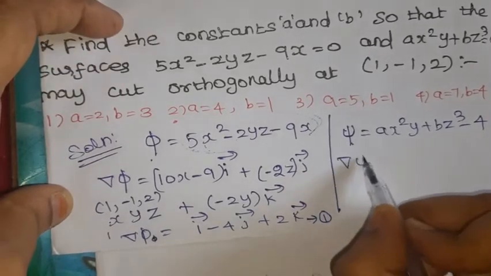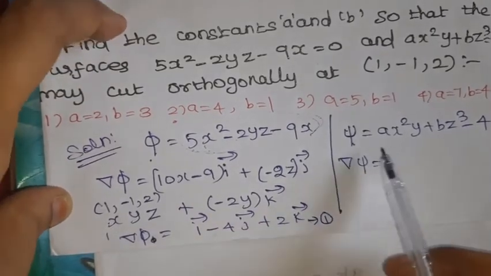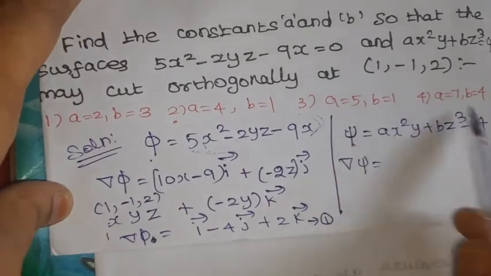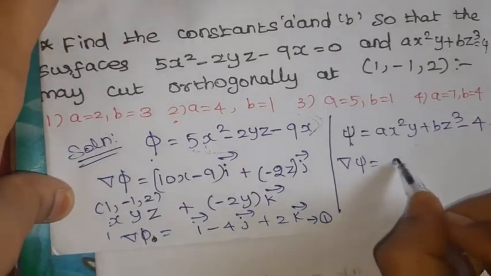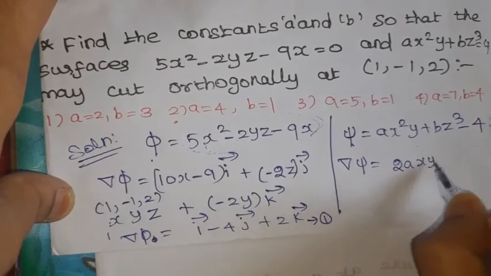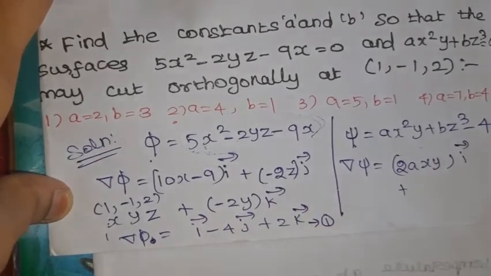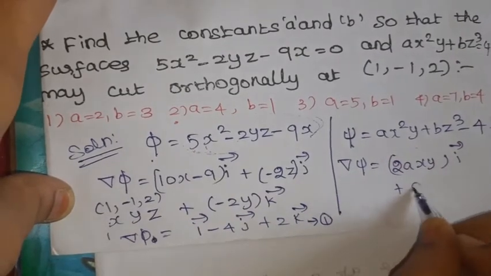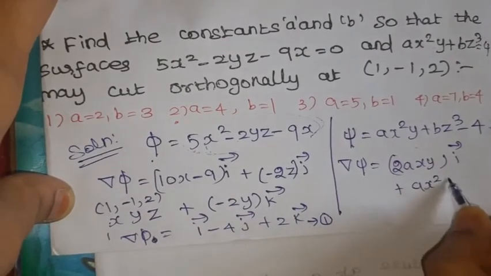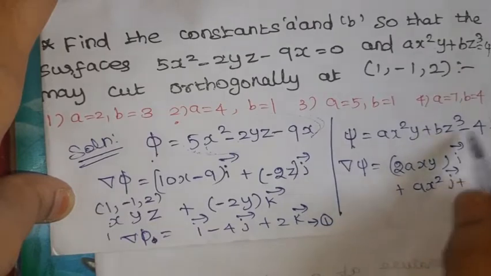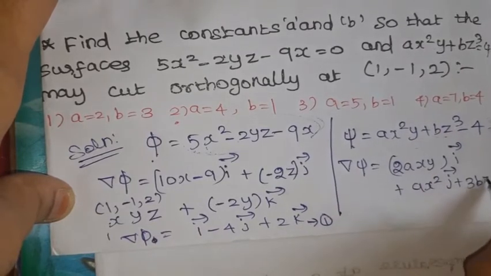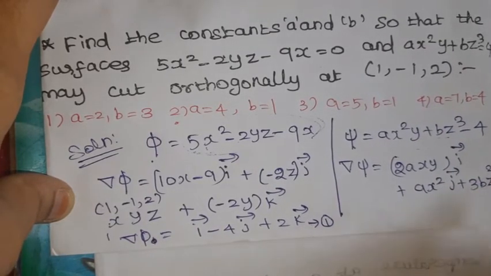Now we are going to find the del psi value. So i into dou by dou x of this term: dou by dou x gives 2axy into i vector. Then dou by dou y gives ax squared j vector. Then 3bz squared k vector.